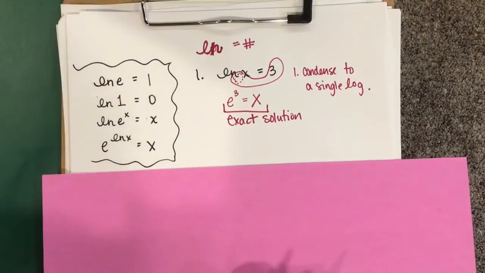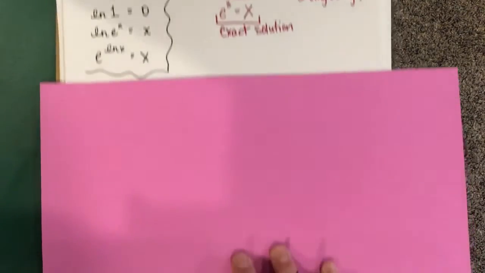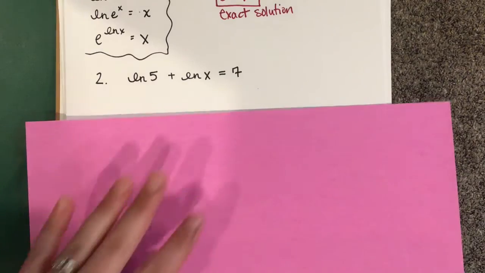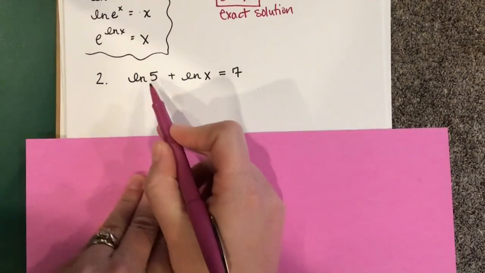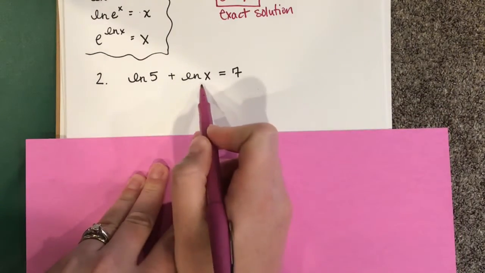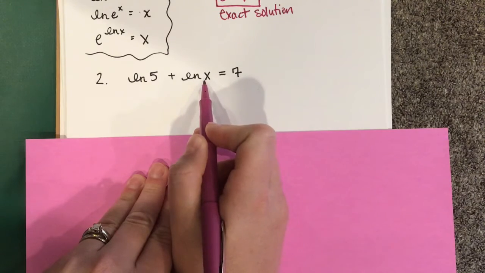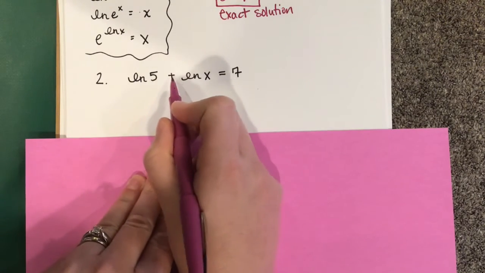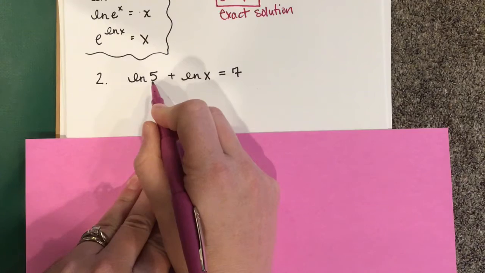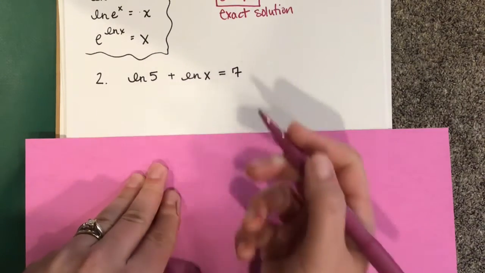Now, in our next one, I have the natural log of 5 plus the natural log of x. So I have the sum of two logs, and I need to condense it.